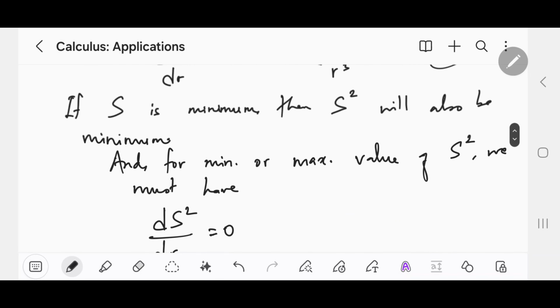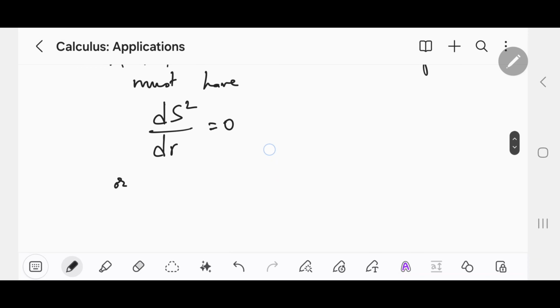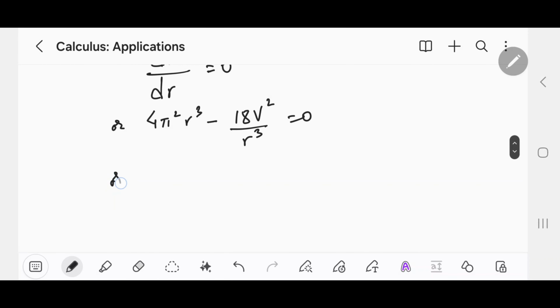or 4 pi square r cube minus 18V square by r cube equals 0, or 2 pi square r cube equals 9V square by r cube.